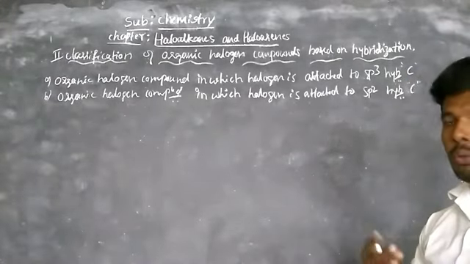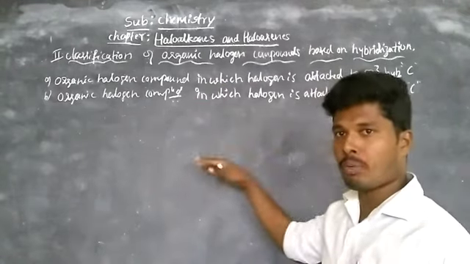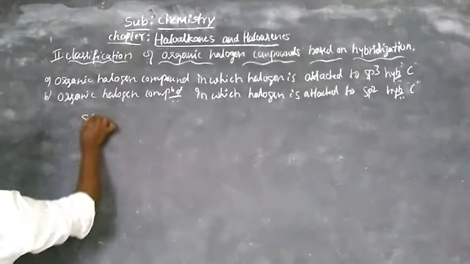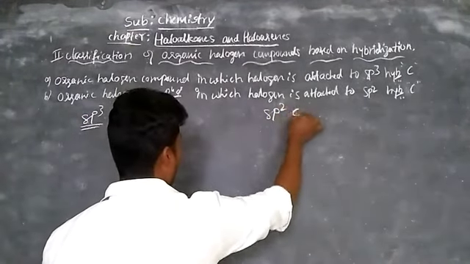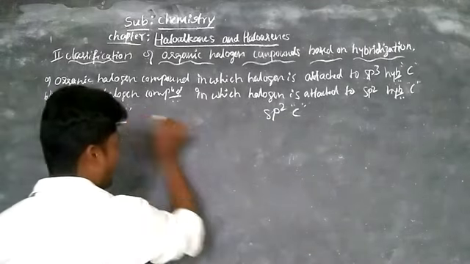These are the two classifications. Now under this there is sub classification, those we have studied in detail. This is the first one, that is sp3 hybridized carbon, and sp2 hybridized carbon. Okay, these are the two classifications.